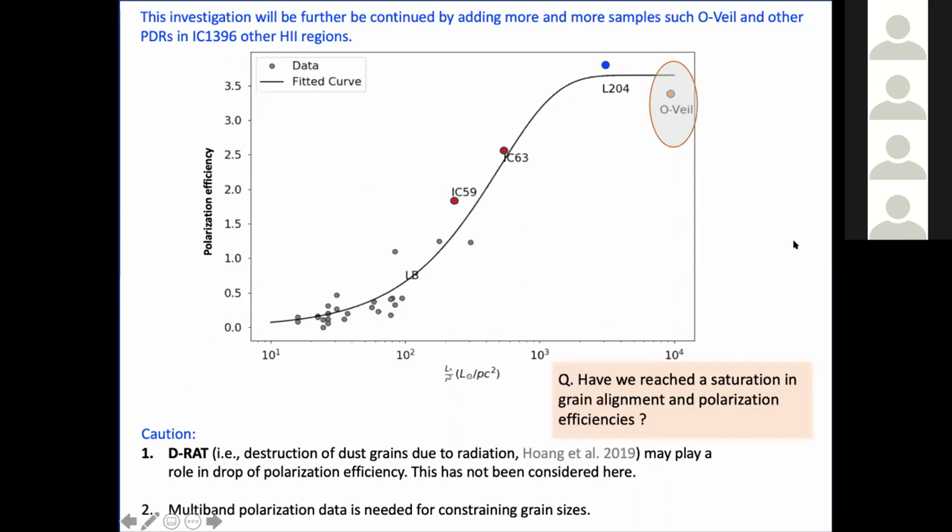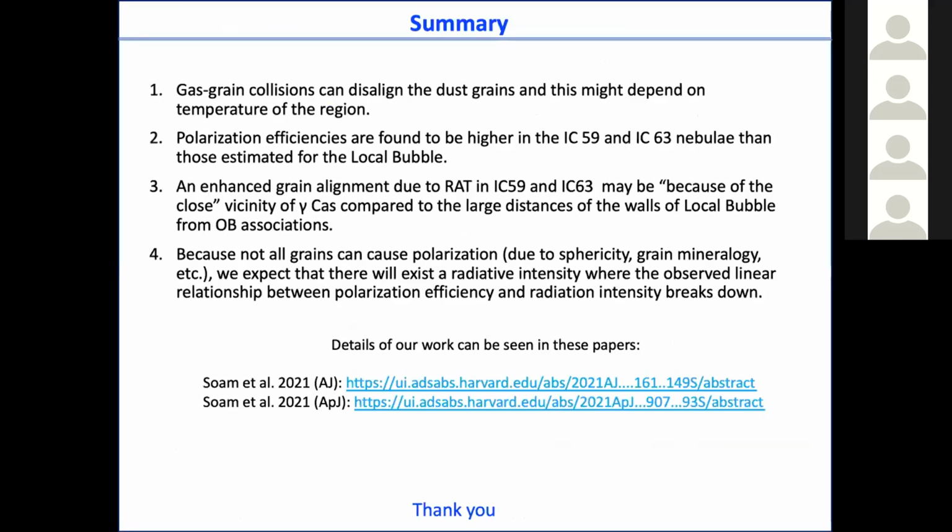And also we need multiband polarization information in these regions to constrain the grain sizes. Whatever we are showing here is based on single band polarization measurements. These are cautionary remarks, but we do see some kind of saturation in the polarization efficiency with the radiation strength.